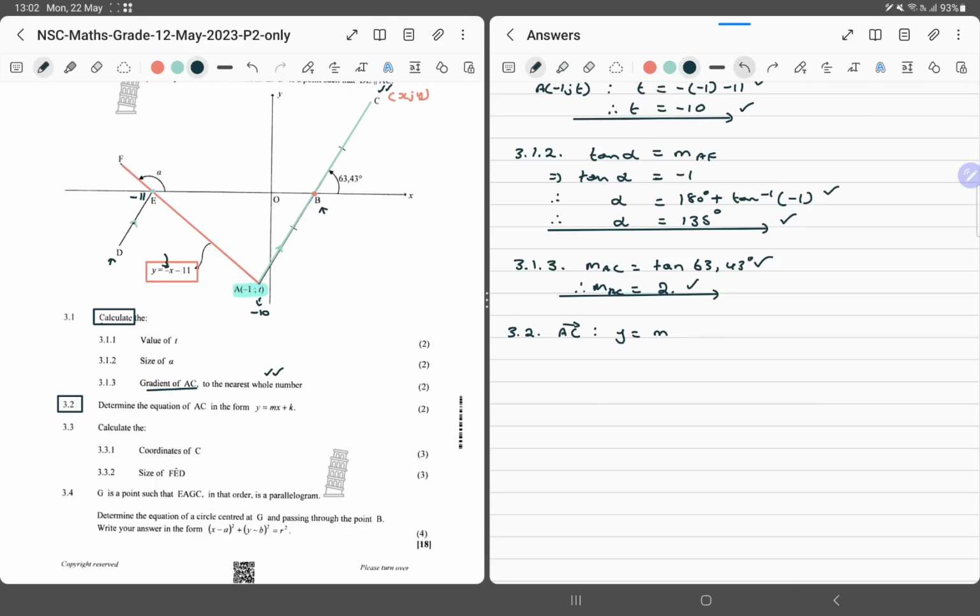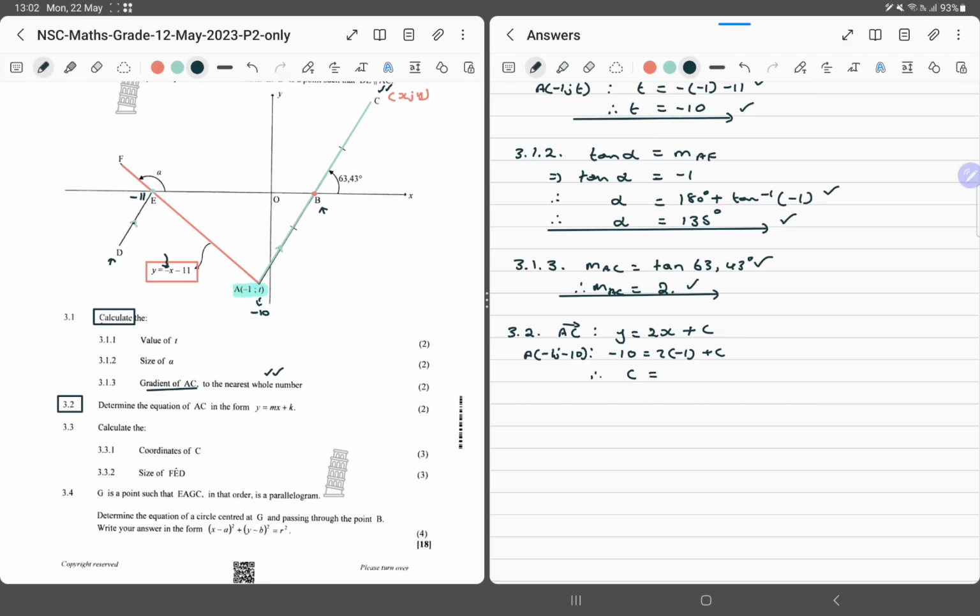Actually, let's not even write mx now. We know the gradient is 2, so it's 2x plus c. Okay? Then through point A, so it's minus 10 equals 2 into minus 1 plus c.